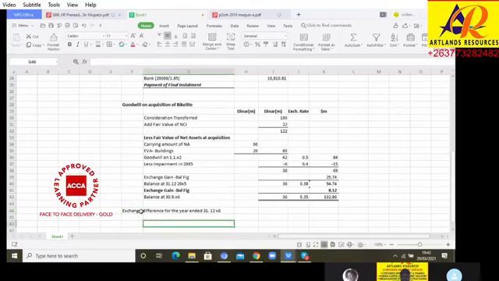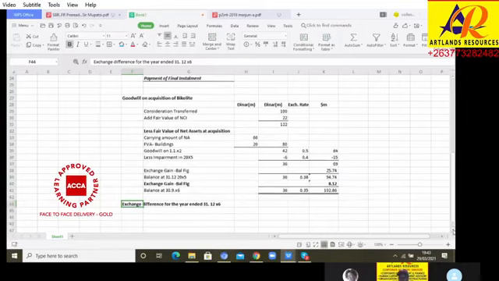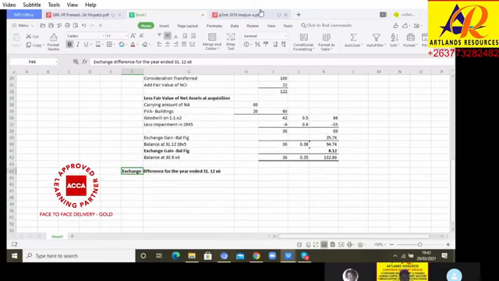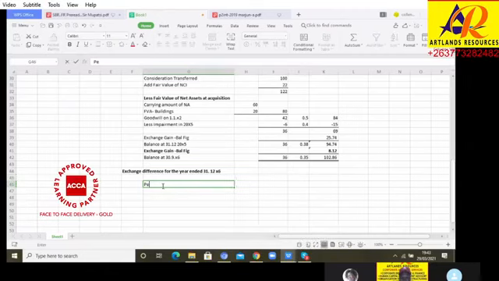Now, here's how you calculate exchange differences. What I want you to know first is opening, let me say in dinars first. Opening net assets. Let me start by having some workings.